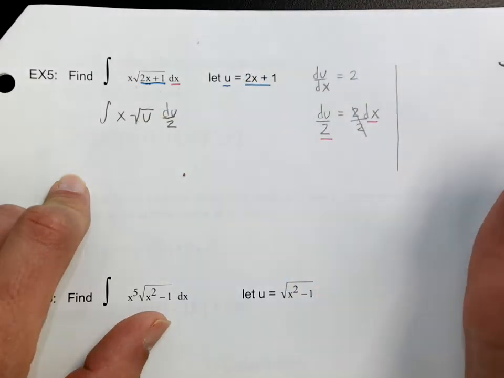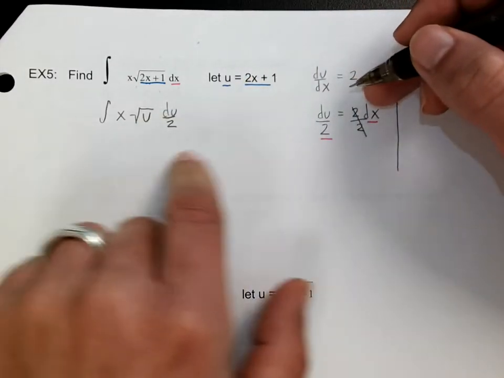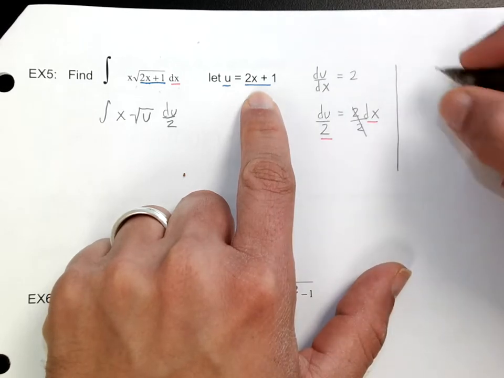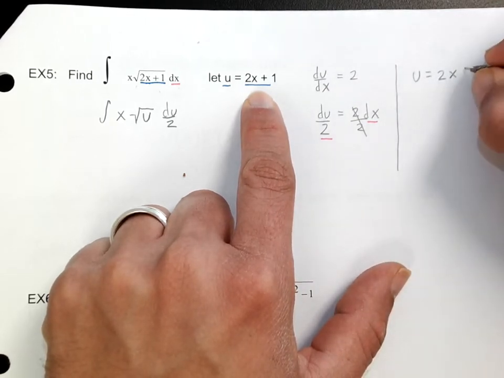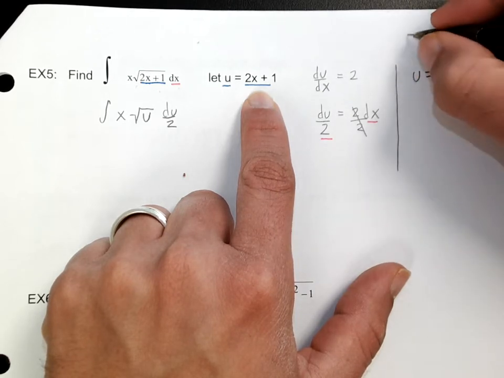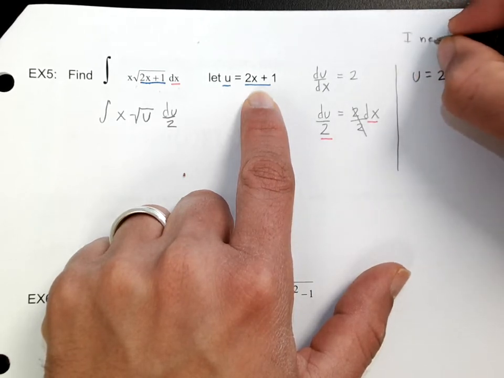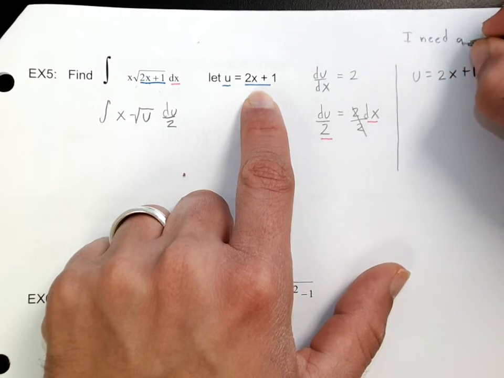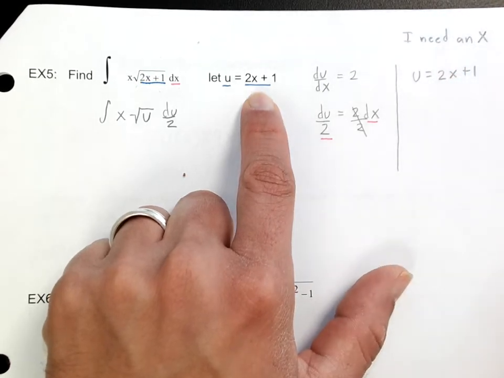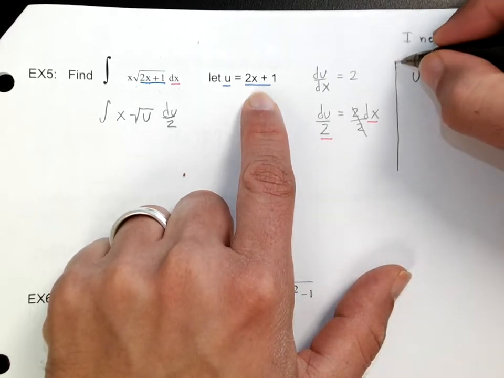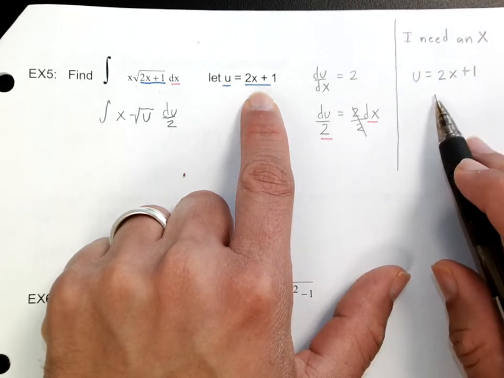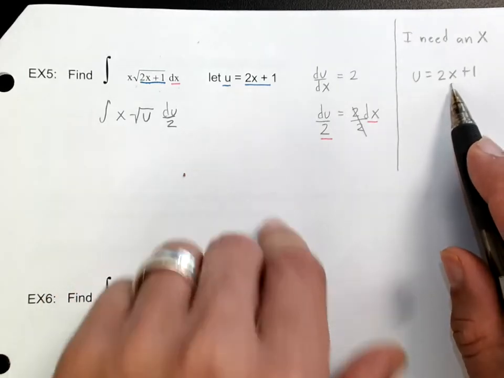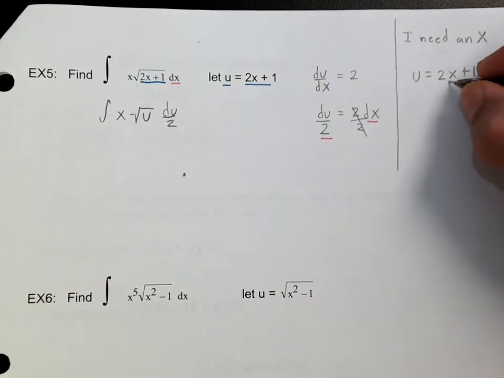Okay, so to do that, you're going to take the original equation, which is this one, right? You're going to rewrite it. So you have u is equal to 2x plus 1. And I'm going to write over here, I need an x. That's what I need. That's why I'm doing this part right here. Alright, so if I write the original equation, what I'm going to do now is try to get x by itself, meaning I'm going to solve for x.